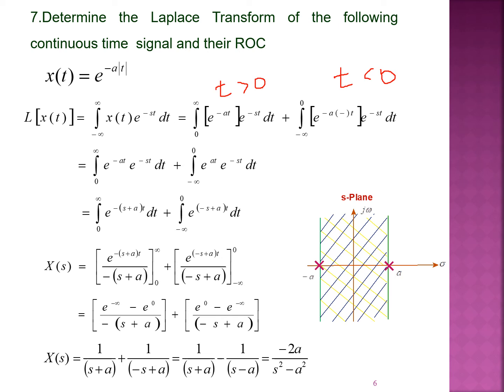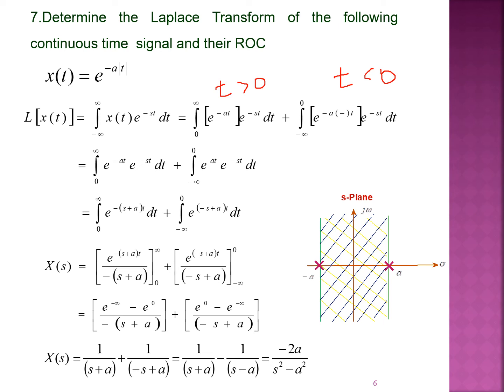When I apply it, you split the terms. Here also e power at into e power minus st into dt, for minus infinity to 0, you get this value here. Now club the terms: e power minus of s plus a into dt, plus integral minus infinity to 0 e power minus s plus a into dt.